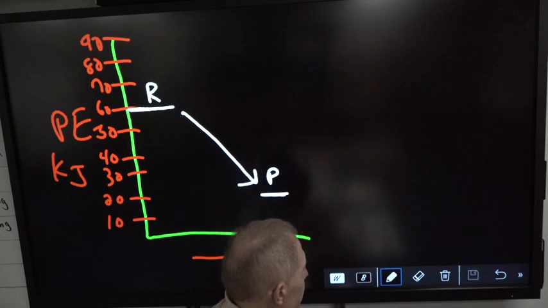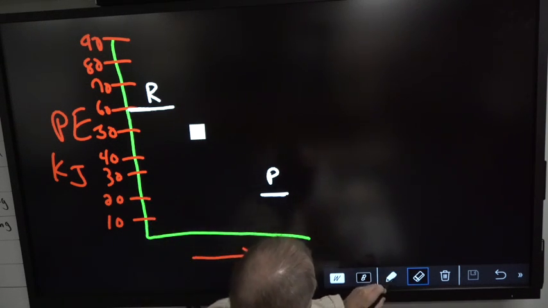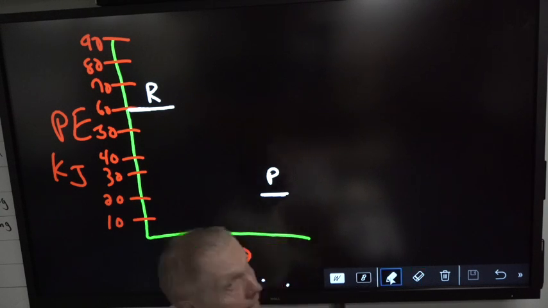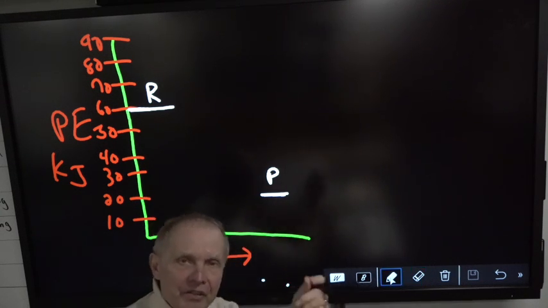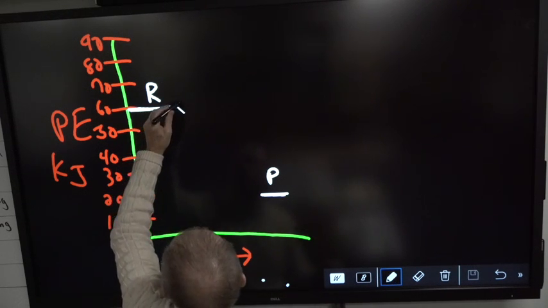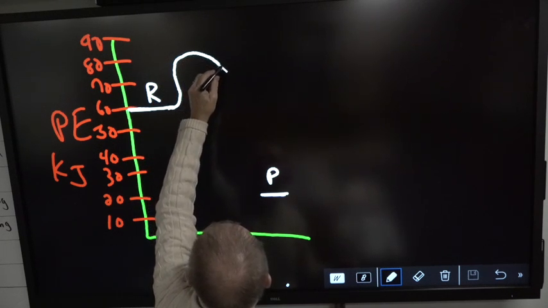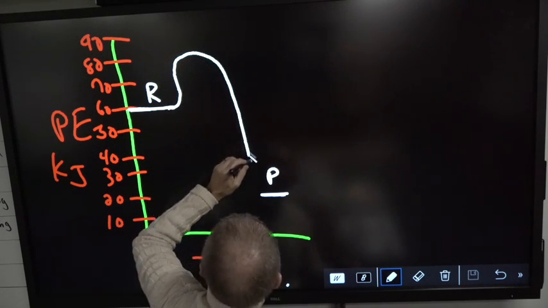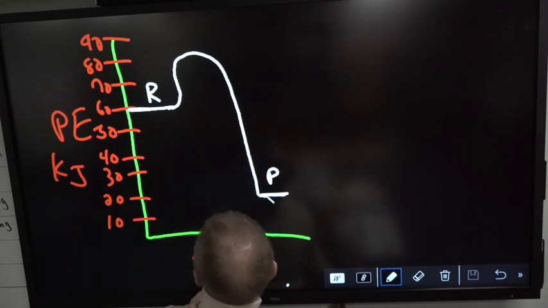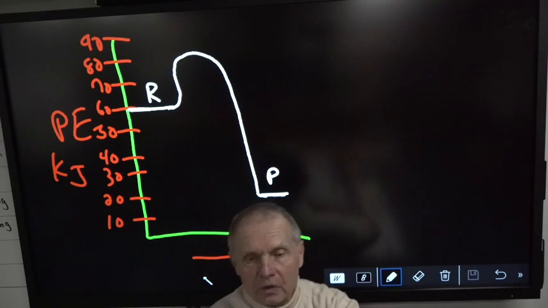So I'm going to erase this part. And we put energy in by striking the match. So here's what happens. We went up to 80, let's say, and then we came down. Now, remember, reactant, it was these two.